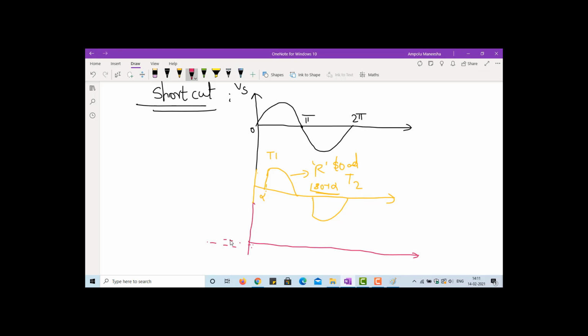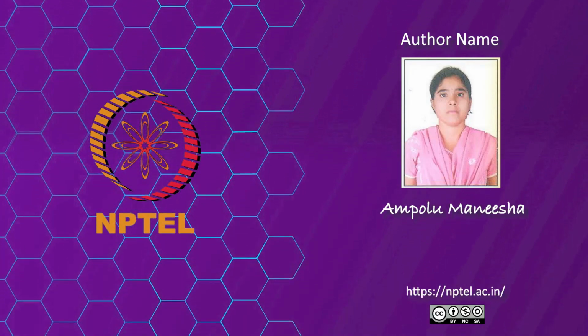The load current is like this, right? This is the 60 degrees lead point. So, if we subtract 60 degrees out of 180 degrees, this is 120 degrees. So, we can control the triggering angle of the thyristor from 0 to 120 degrees.